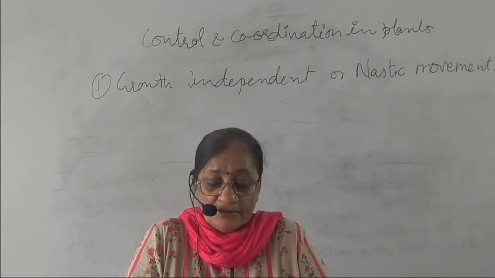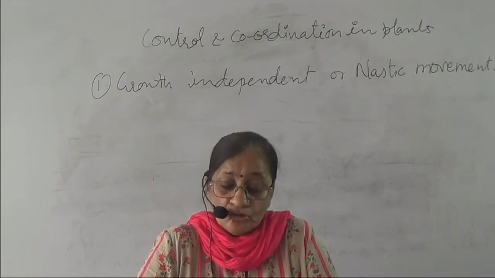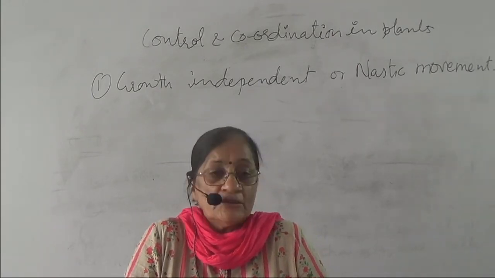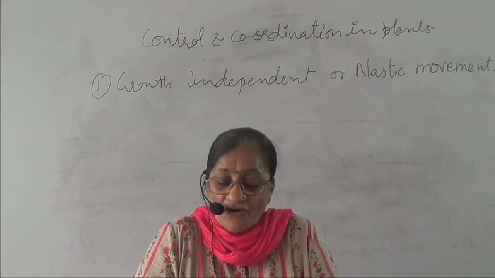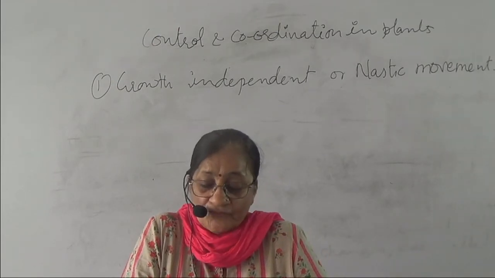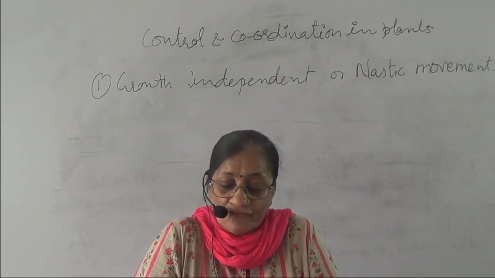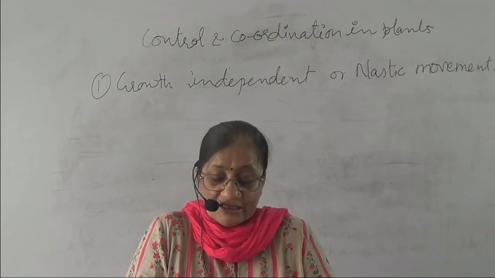Instead, plant cells change shape by changing the amount of water in them, and this is called Turgor change. Turgor change means change of amount of water in the leaf.